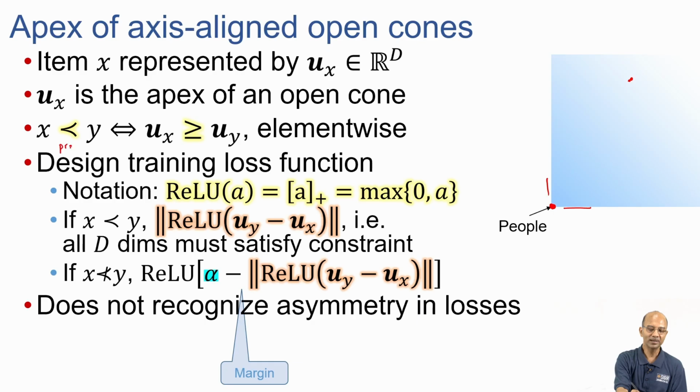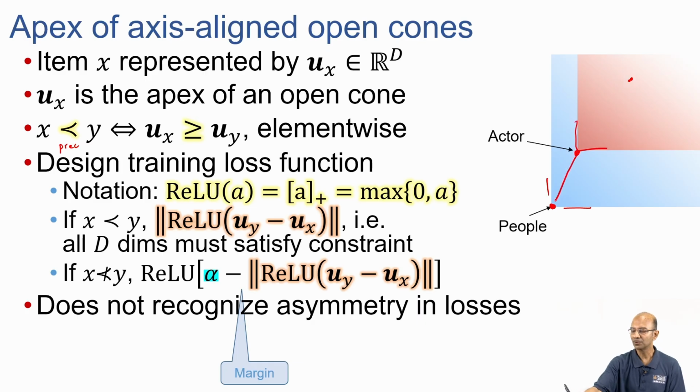X is preceding y if the vector of x dominates the vector of y. For example, I could say that since all actors are people, the apex of actor has to dominate the apex of people. So, u of actor has to dominate u of people element wise. Every element has to be at least as large as the apex of the superset. Okay.